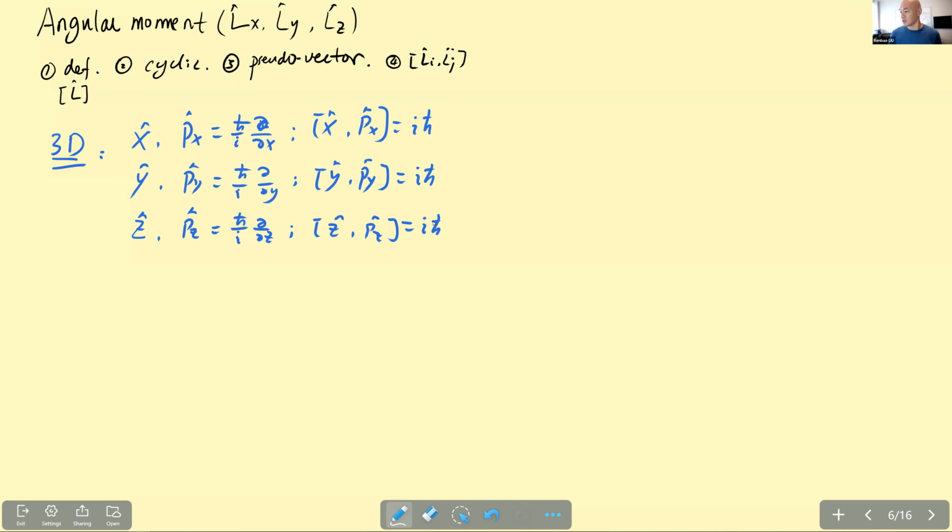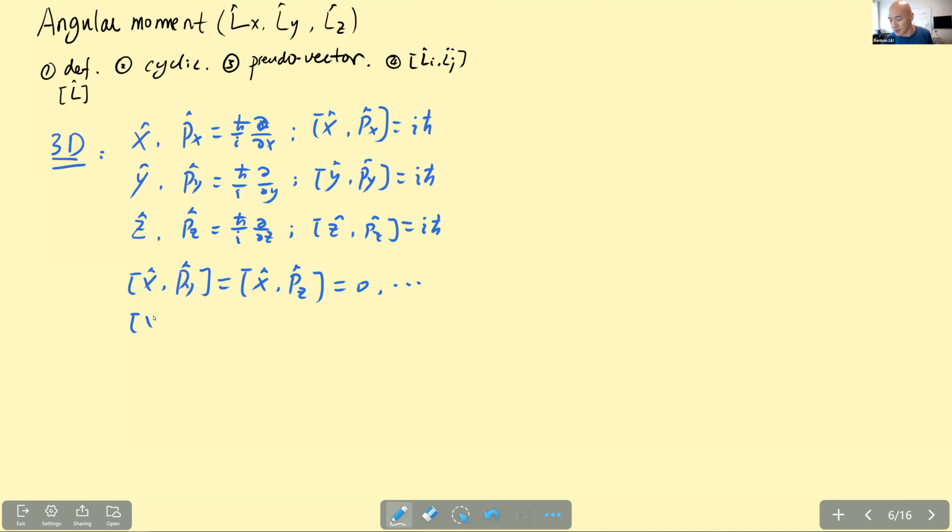And also, you can find that for others, for example, the commutator between x and py, and between x and pz, okay, this one should be 0, and similarly for y and px, py and z, pz, px and pz and z, for px and py, right?